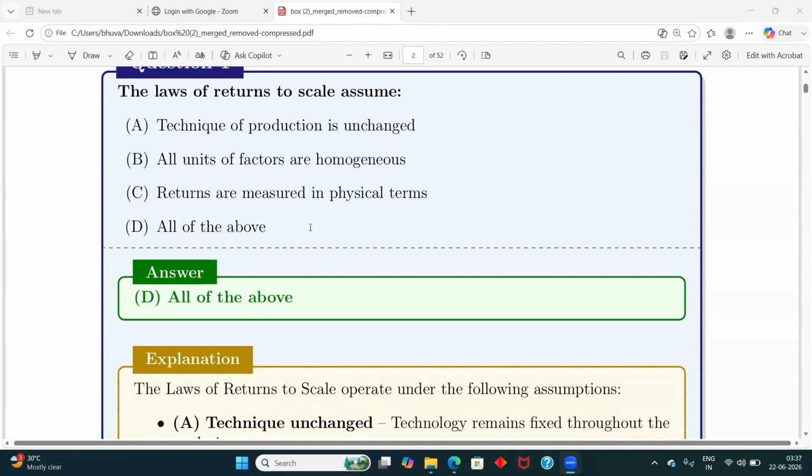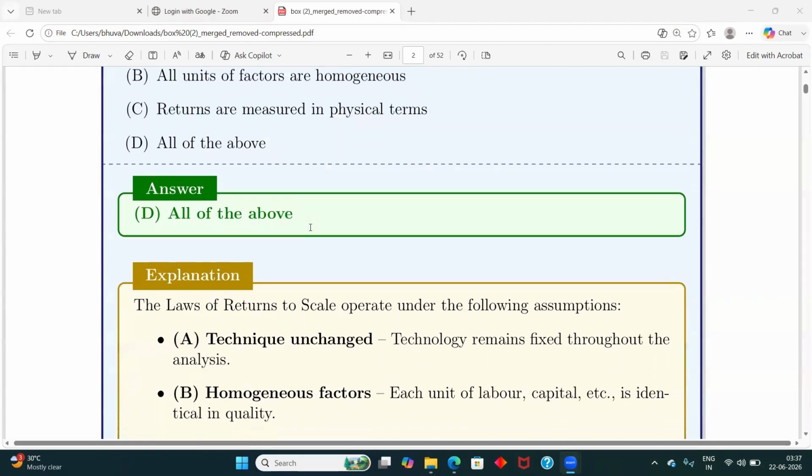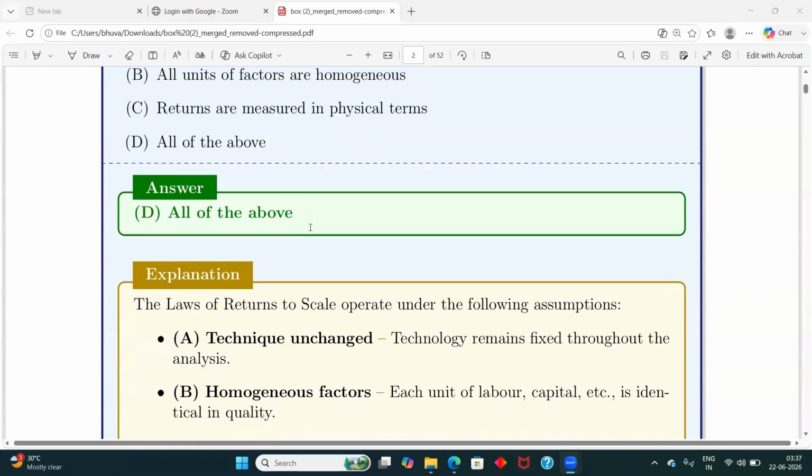So, explanation of this question: the laws of return to scale operate under the following assumptions. Assumption 1, technique unchanged. Technology remains fixed throughout the analysis; in any production function, we assume the technology is unchanged. Assumption 2, homogeneous factors.